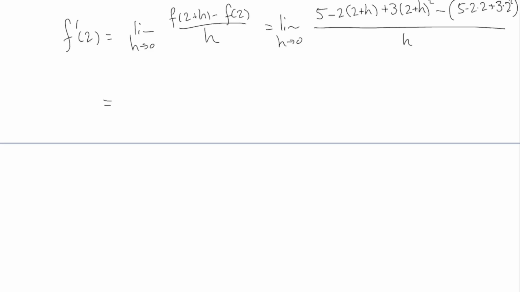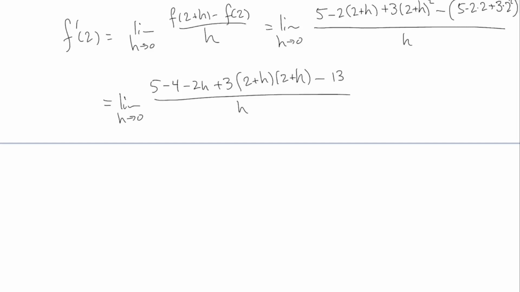All right, great. Now we just need to do a bunch of expanding type stuff. So I will start with the 5. You can't do much with that. Distribute negative 2. It says minus 4 minus 2h. And then I have plus 3 times the FOIL, 2 plus h, 2 plus h. And then minus the numbers there. Did anybody do those numbers? What do you get inside the parentheses? 13. Anybody else get 13? Yes? I'm going with it.